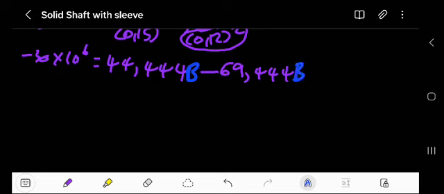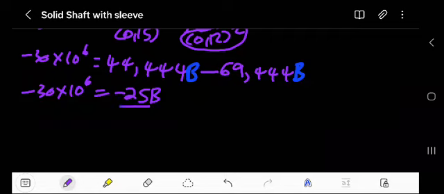This is b and b, just like terms, so you subtract now. 44.444 minus 69.444, right? You will have this to be here. This side we still have minus 30 times 10 to the power of 6. Here we'll simply have minus 25b.